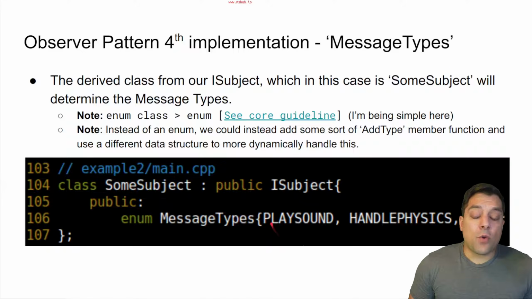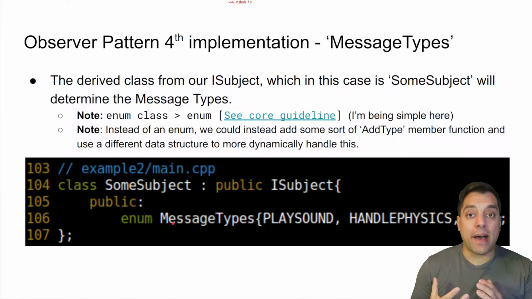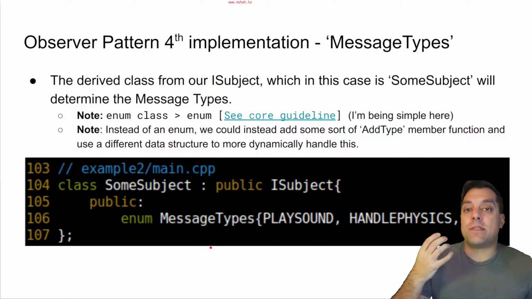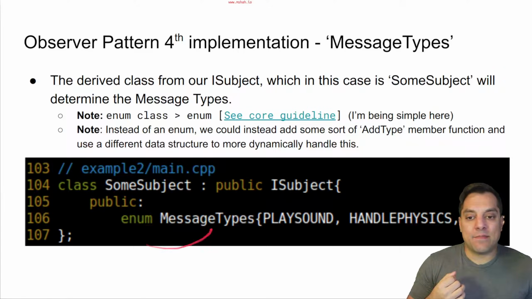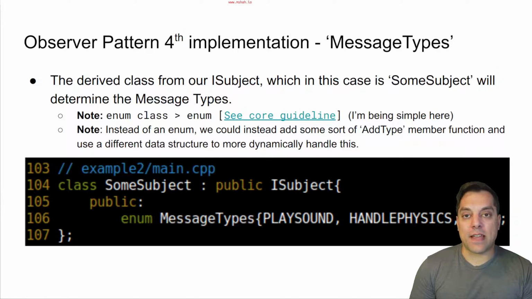Okay, and of course we could add even more functionality and flexibility by not just having an enum that we would have to recompile, because maybe at runtime we want to be able to add different types of observers. So you could imagine some sort of type here for our message types, and maybe this is a vector of strings, and you use that as a very simple and dynamic way to create different types.